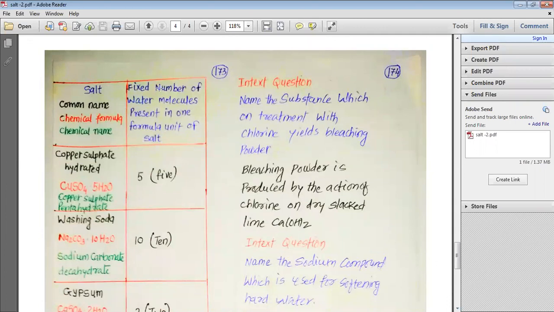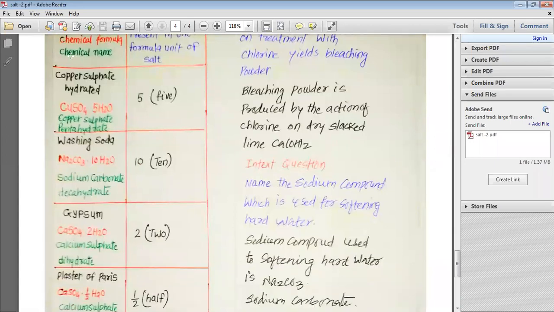Now we will study the water of crystallization in some of the compounds. Like we have the salt, we will write the common name, the chemical formula, then the chemical name. On the right side, we write the fixed number of water molecules present in one formula unit of the salt. First, we will look at copper sulfate, which is hydrated.